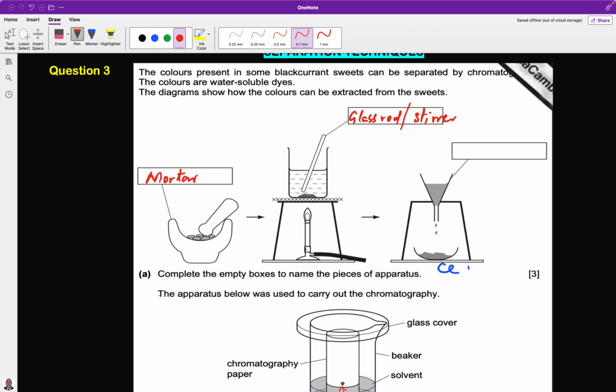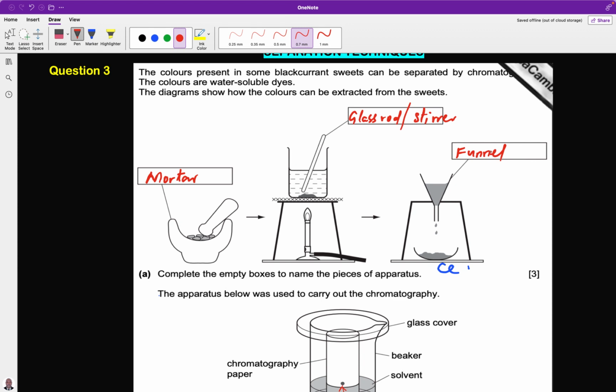You can call it a stirrer or you can call it a glass rod. And you can call this a funnel. Okay, that is a motor, that is a glass rod, and that is a funnel. Now, we have completed the table.